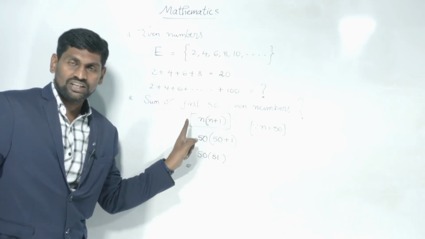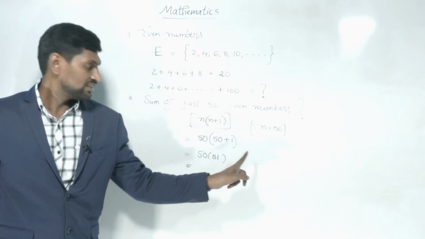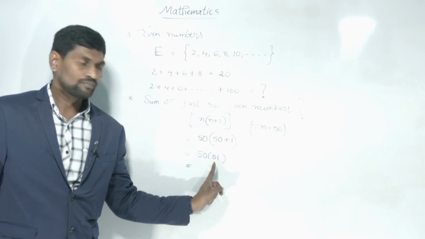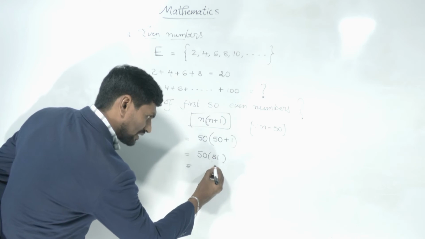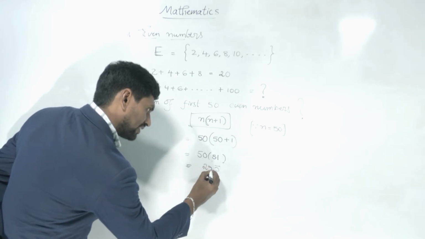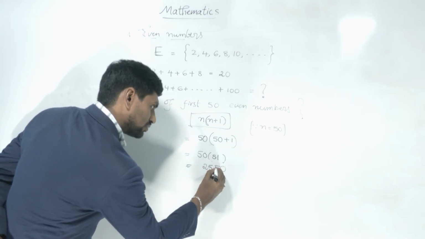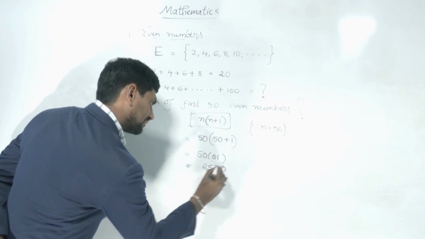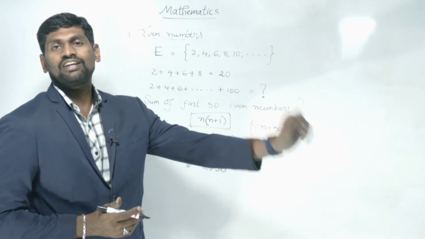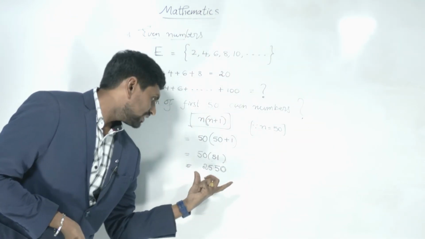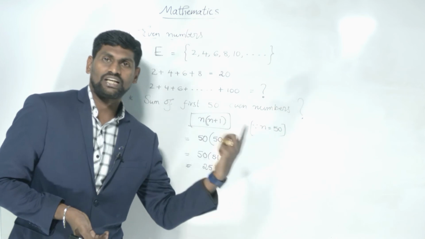So n value 50: 50 into 50 plus 1, 51, 50 into 51. 5 fives are 25. Answer is 2550. That means if you add the first 50 even numbers, we will get 2550 as our answer.